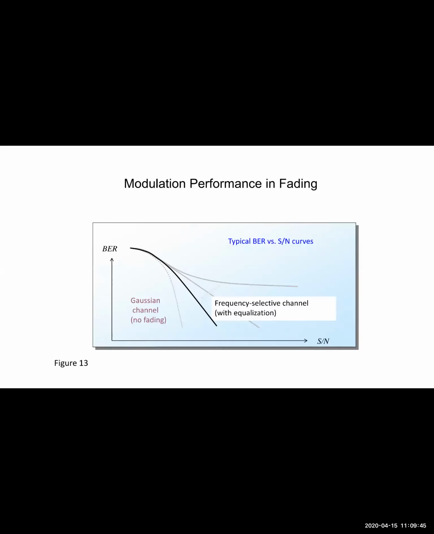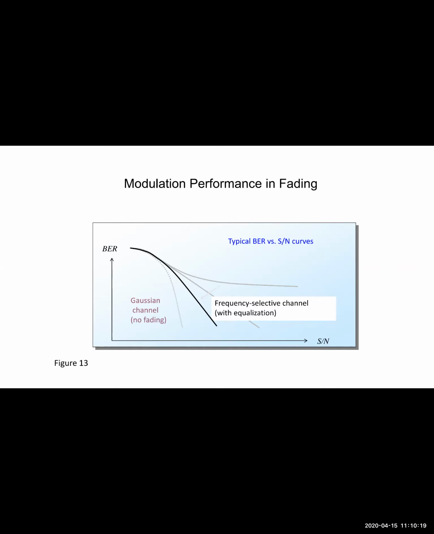If you do some technique like equalization or so, then it will come down. That's the meaning of fig 13. Fig 13 is saying that if you apply any of the techniques, equalization, OFDM, that's multi-carrier, any other mitigation technique, then you should be able to reduce the BER.